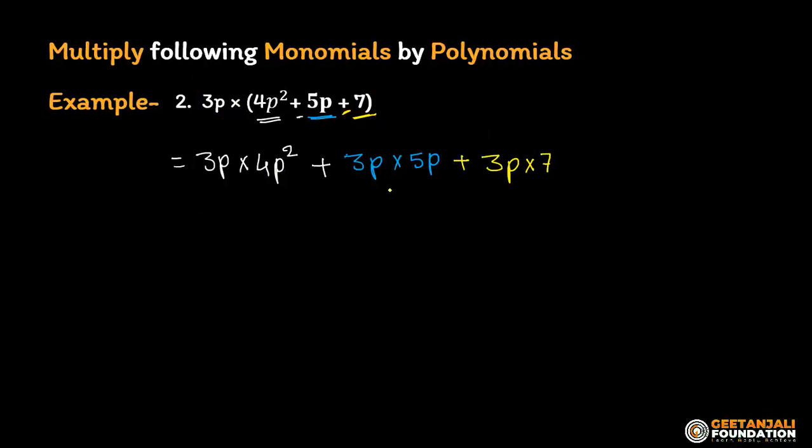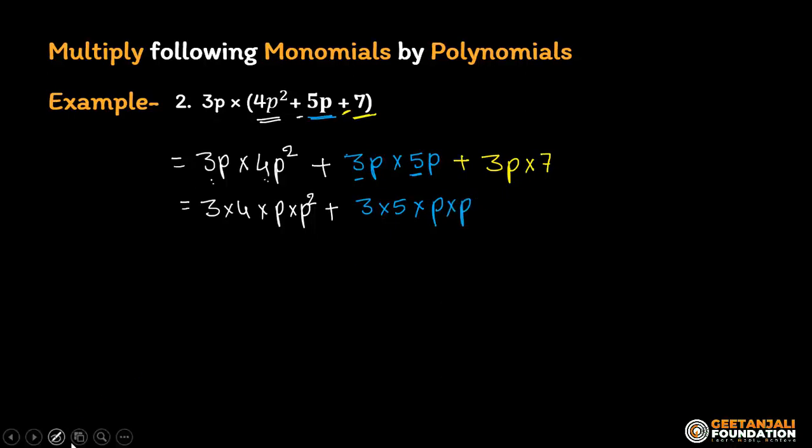So here you can see there are three different terms, but each term you need to solve separately. So whenever you solve each term, you need to apply rules of multiplication of monomials. So you first separately multiply their numerical coefficients. So you can write 3 times 4 times p square, and here you need to write like 3 times 5 times p, and here you will take 3 times 7 times p.